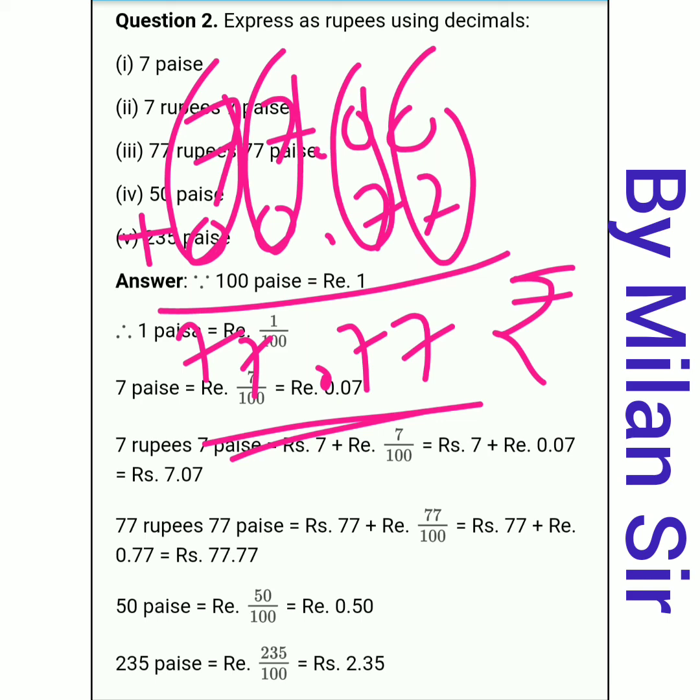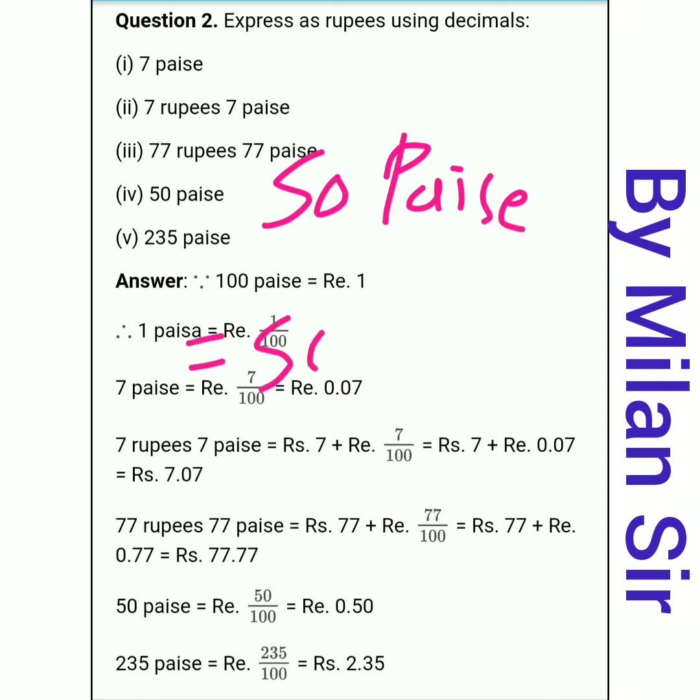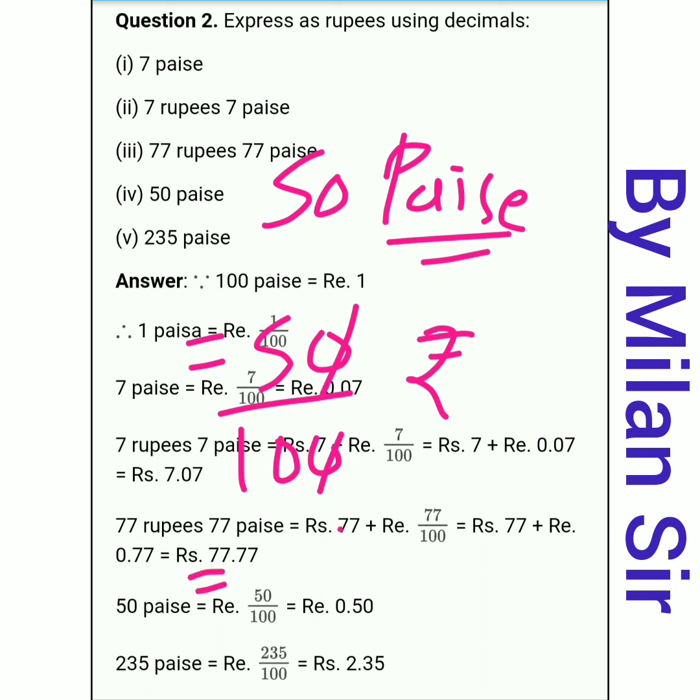Then question number 4, 50 paisa. If we want to convert this into rupees, we need to divide it by 100. So 50 by 100, so this paisa becomes rupees. Here we can cut a zero from each, so 5 by 10.